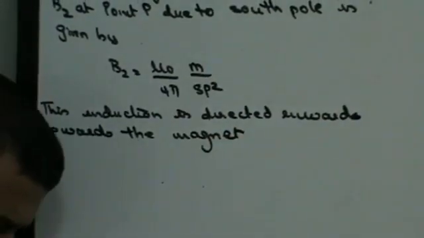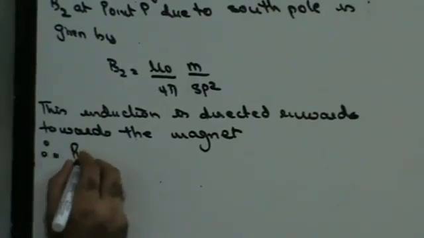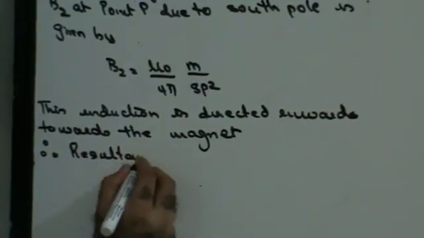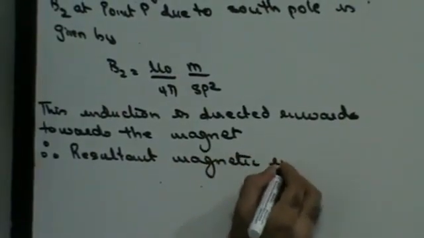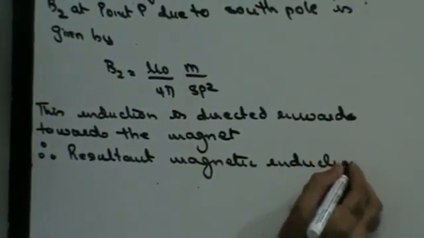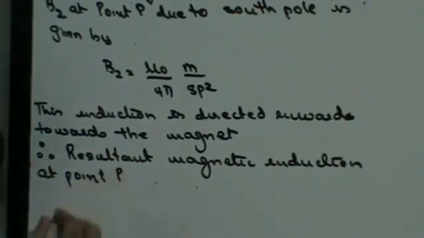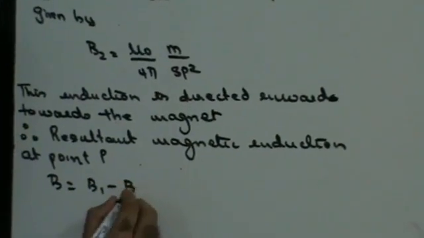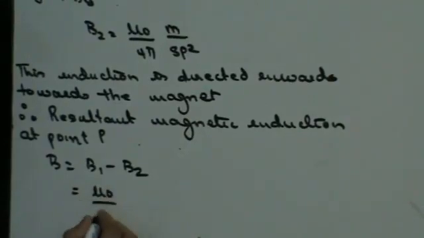Therefore, the resultant magnetic induction at point P will be B, which is nothing but B1 minus B2. Now B1 we found as mu 0 upon 4 pi m upon NP square.